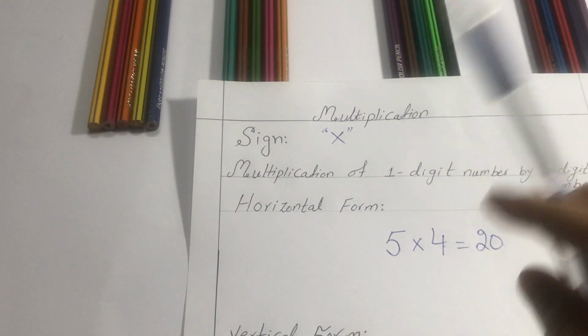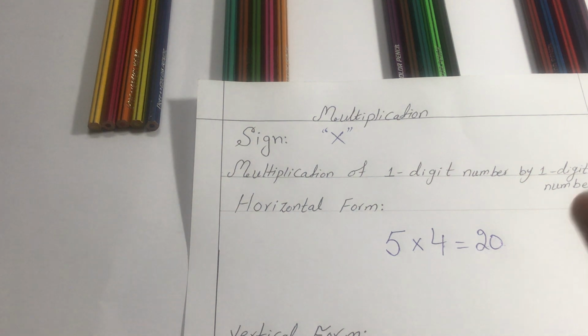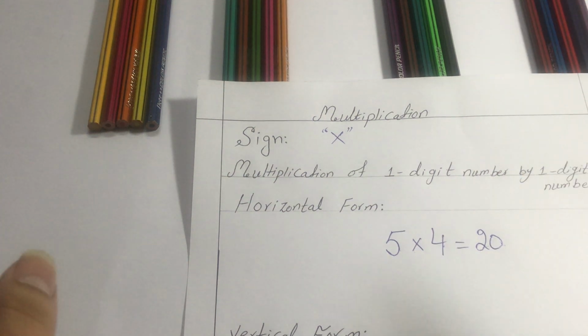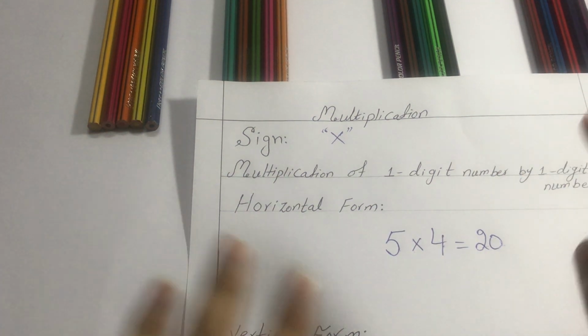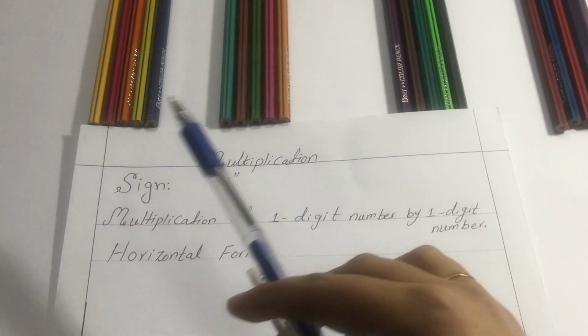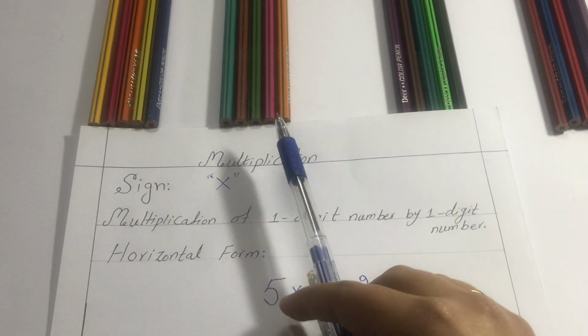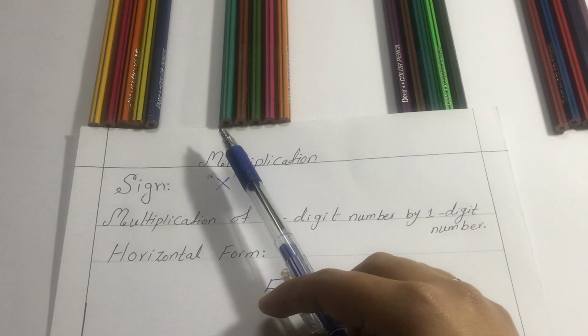What we have learned today is multiplication, and multiplication is all about grouping. You can write your grouping answers by counting the color pencils, or you can use repeated addition, or the simplest way, which is called multiplication. You can write your answer by quickly multiplying the number of pencils in one group and the number of groups. As you have seen, we have 4 groups, and in each group we have 5 pencils.